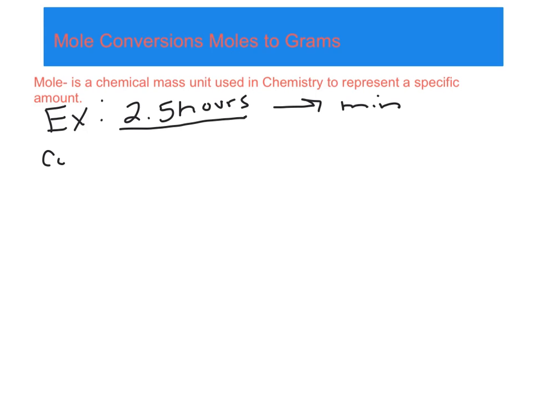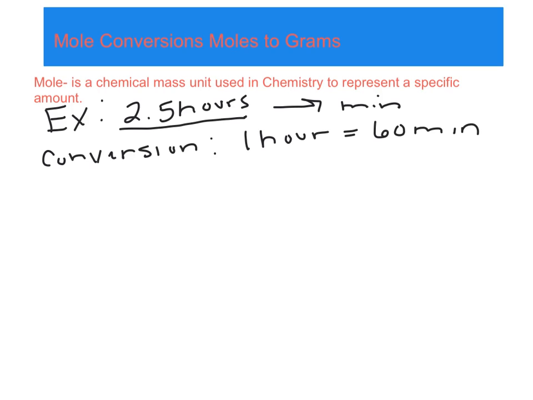Now, what's a conversion factor? A conversion factor is when you take 1 unit and you set it equal to another. For example, I know that 1 hour is equal to 60 minutes. So here I have the unit of hours equal to the unit of minutes. This number is equal to that number.